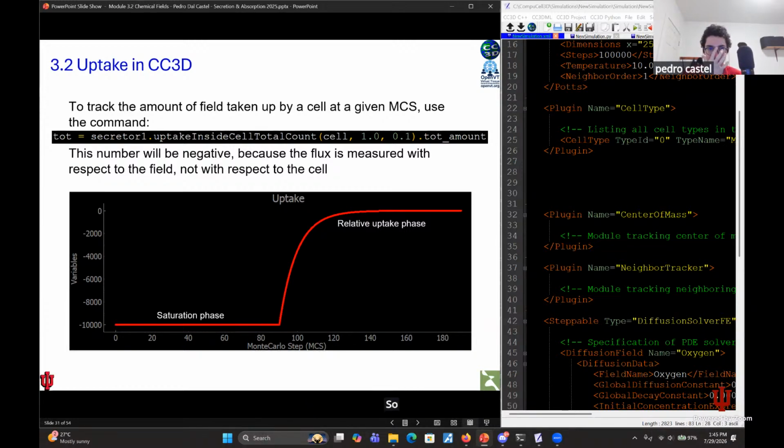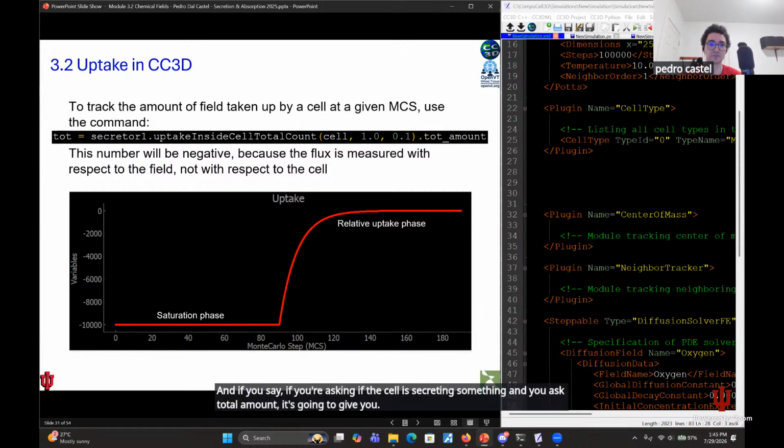So when you ask the cell how much it has taken, it's going to say minus something. And if the cell is secreting something and you ask for the total amount, it's going to give you a positive value.